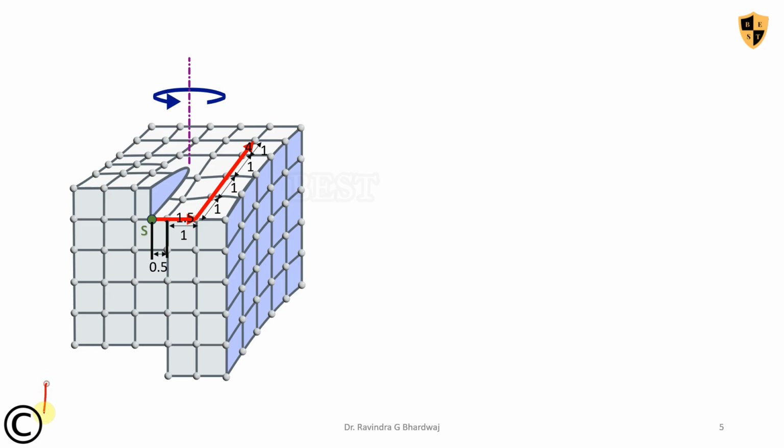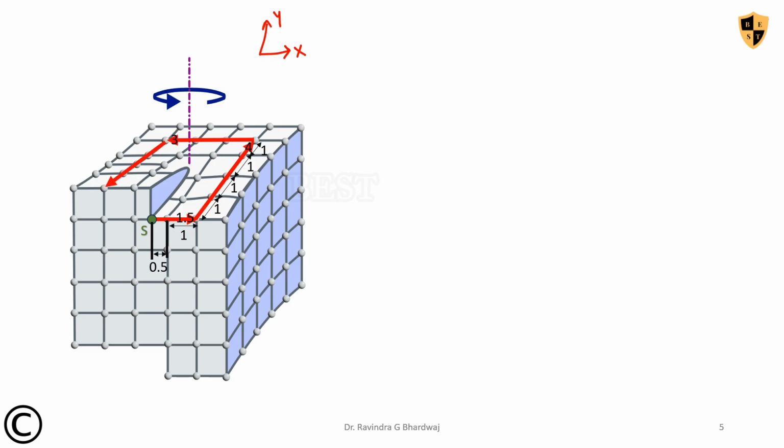Let me denote this: this is positive x, this is positive y. As I moved 1.5 in the x direction, I will now move more than 1.5. Let's say I move a distance of 3 units in the negative x direction.